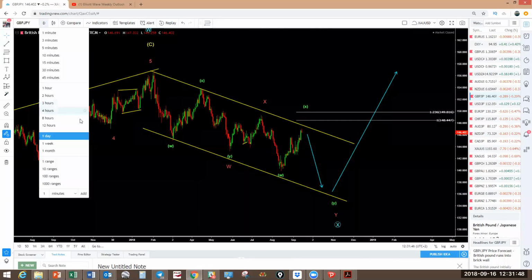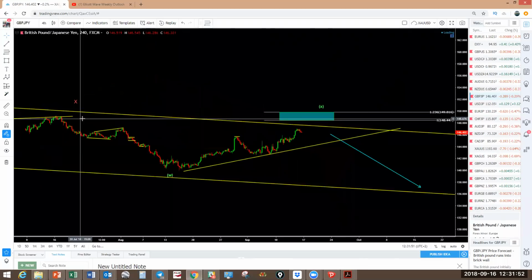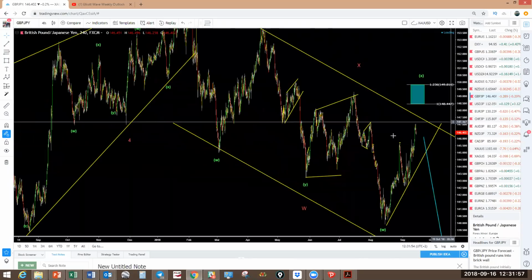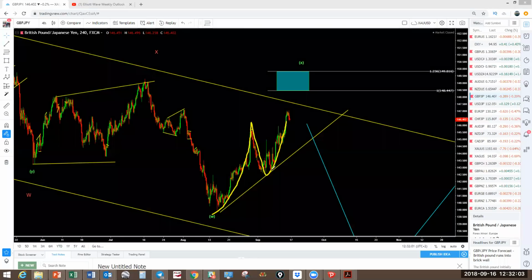4 hour. Okay, so in the 4 hour, this has unfolded in 3 waves. We've made a 1, 2, 3 wave move to the upside. This sequence is incomplete, so you could have a correction here, and this could come into that 148.44 before starting to reverse.